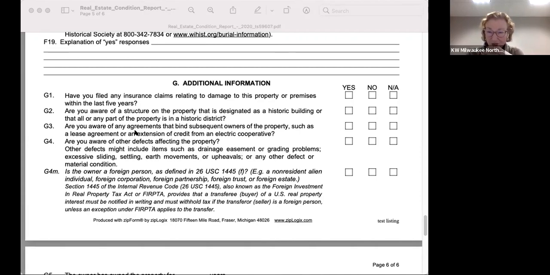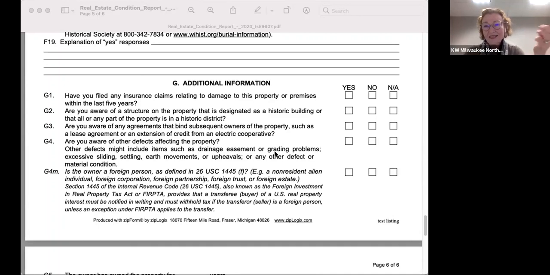And in all my years of real estate and picking up seller condition reports, getting ready to write an offer, I've seen thousands of them that are filled with no, no, no, no, no, no, no, no. And then the seller signed it at the end. So it's like a house may have been built in 1932, but for some reason it is perfectly clean of any defects.